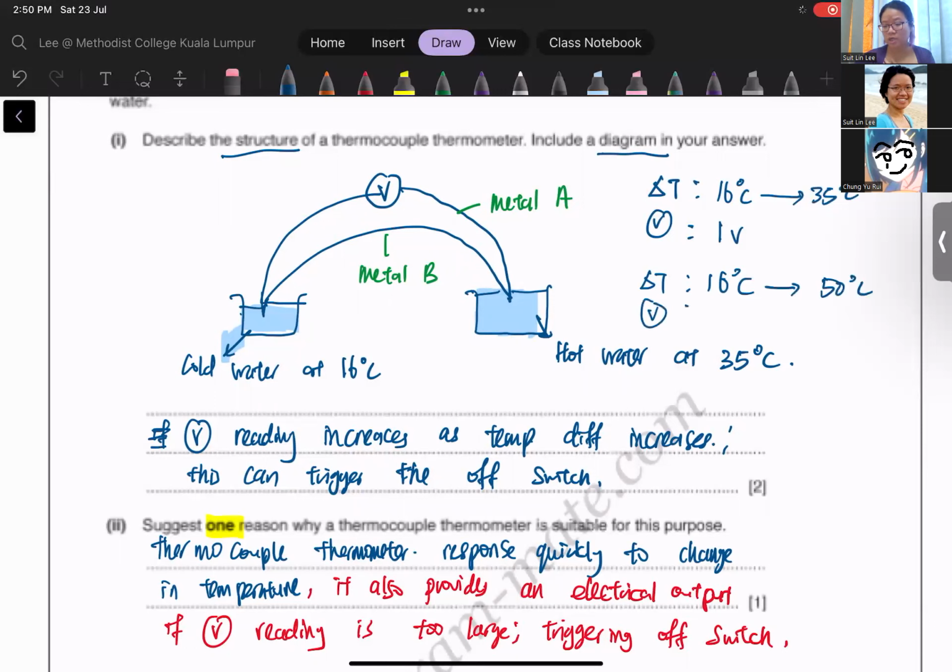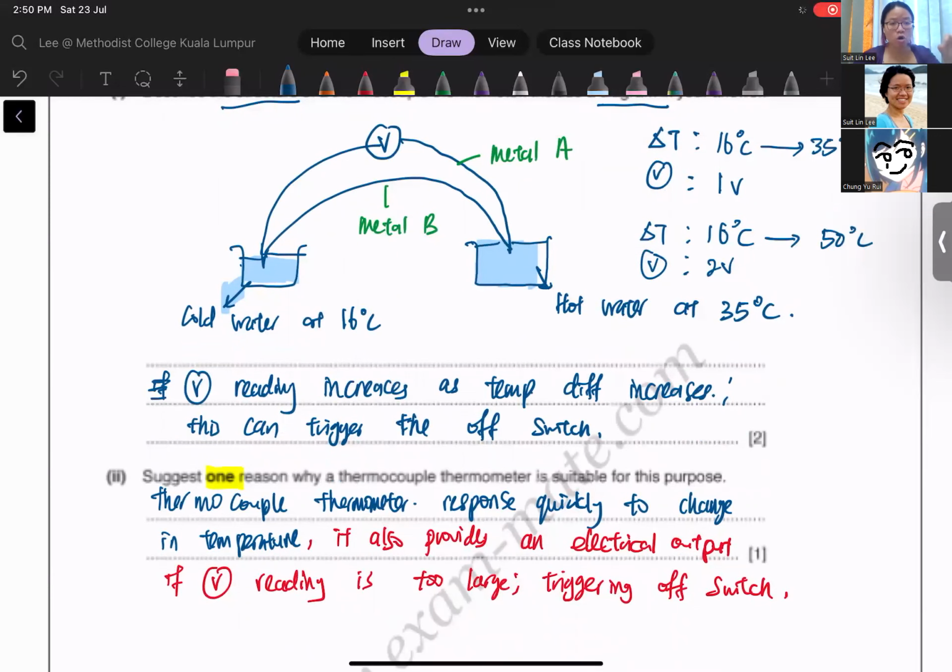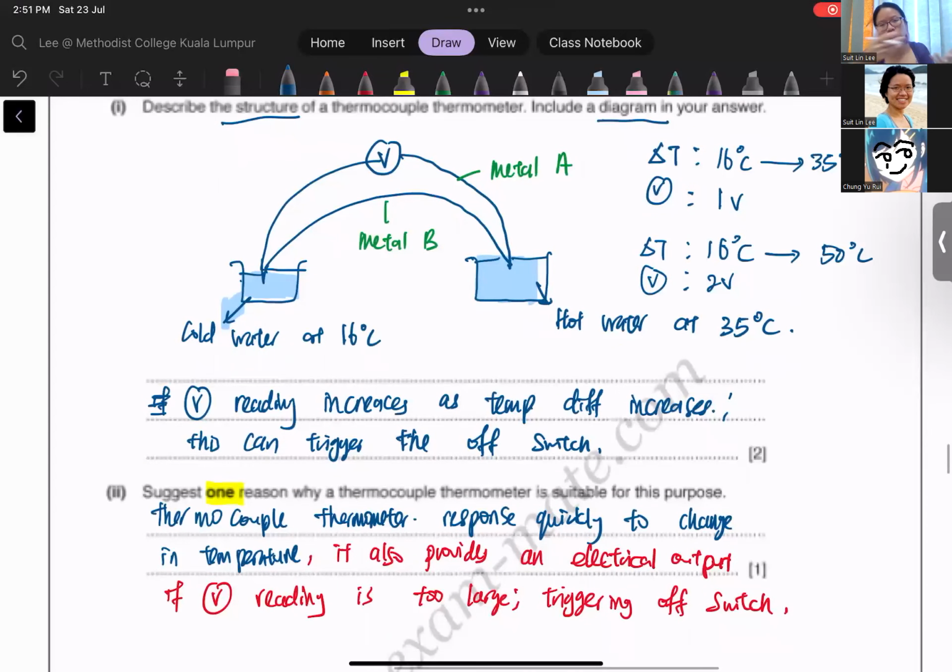So maybe now my voltmeter reading is 2 volts. What will happen is that the voltmeter is like, oh, every day 1, why suddenly 2? Then trigger the off switch. But how does a voltmeter talk to the off switch? You need another circuit to connect to the off switch, the power supply. We'll study more about this in year 11, but the whole idea is that circuits can talk to each other. So if I have electrical output, I can trigger the off switch.